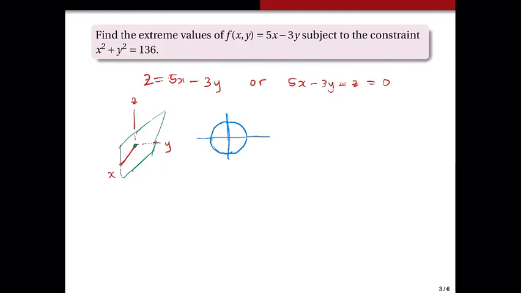So this circle here will give a projection onto the plane. It could be elongated, and it looks something like this once we have projected that.